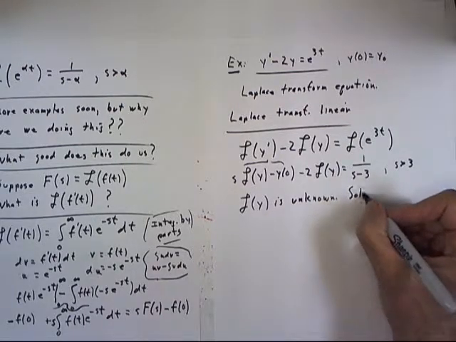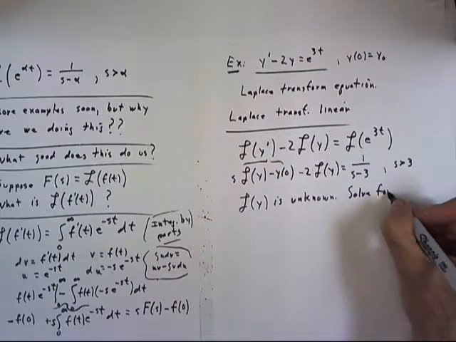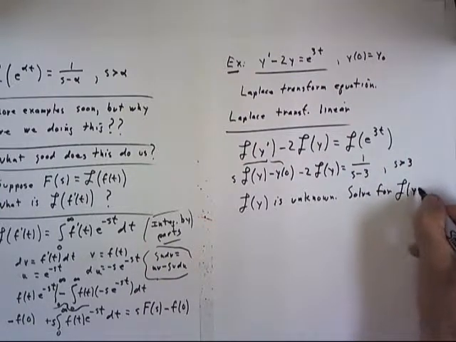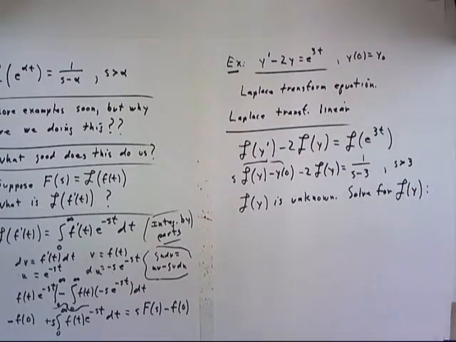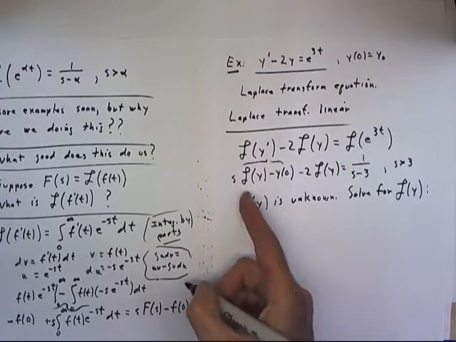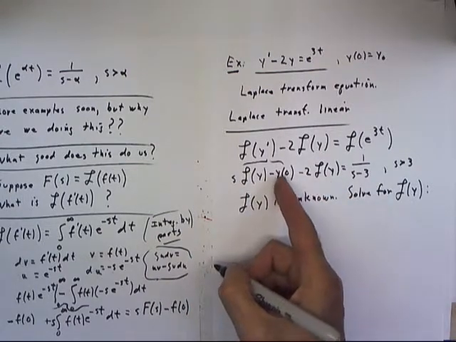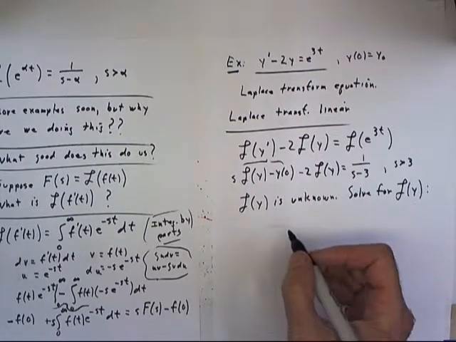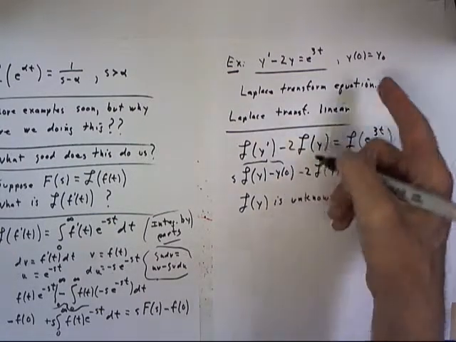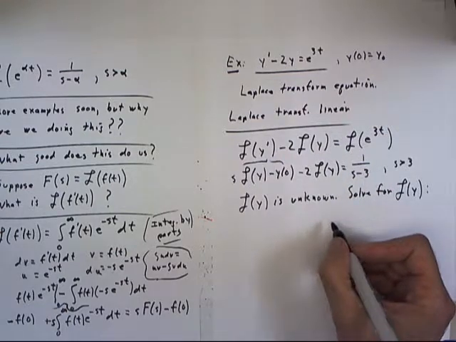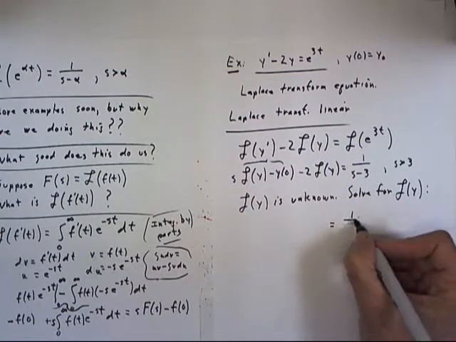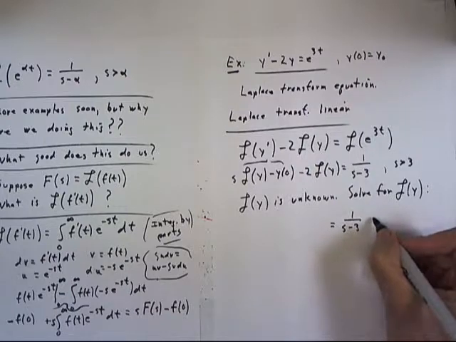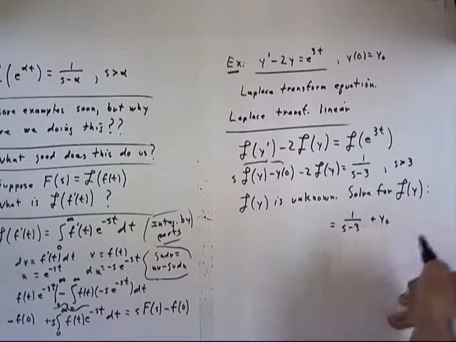So let's solve for the Laplace transform of y. Easy enough to do. Let's add the y naught over to this side, and y of 0 is y naught, so I'm going to write it that way. So the right-hand side is going to become 1 over s minus 3 plus y naught.